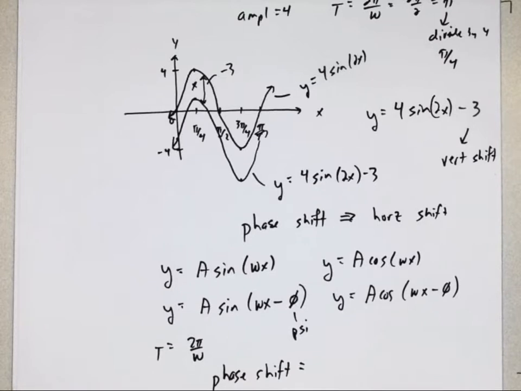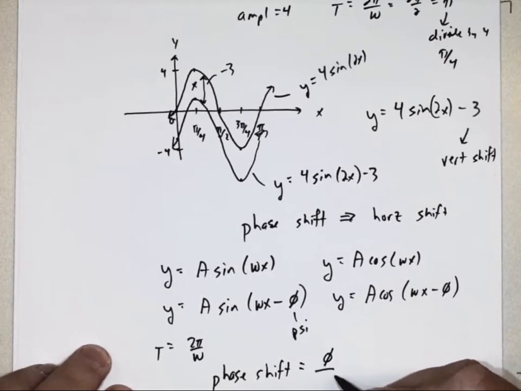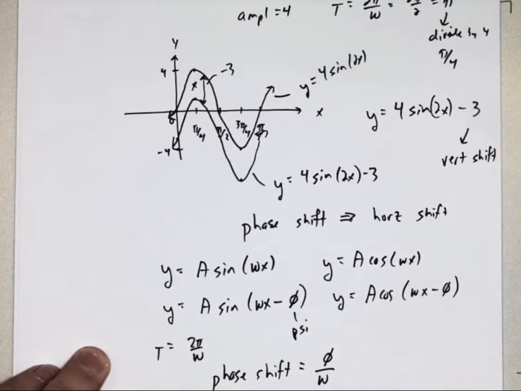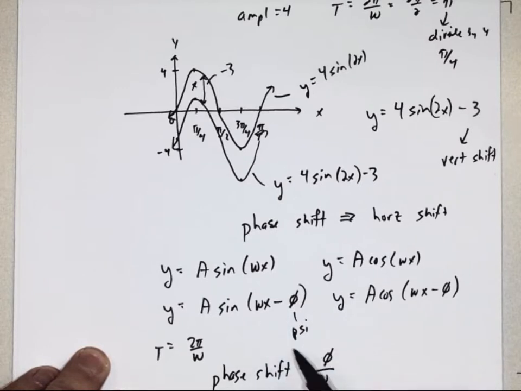The phase shift is given by psi divided by omega. So the way we calculate the phase shift is we take the number that comes after the minus and divide it by the number in front of the x. If this is negative, you move the whole graph in a negative direction, to the left. If this is positive, you move the whole graph to the right.